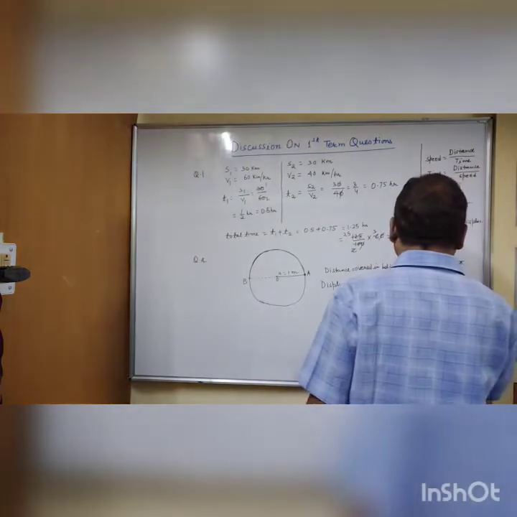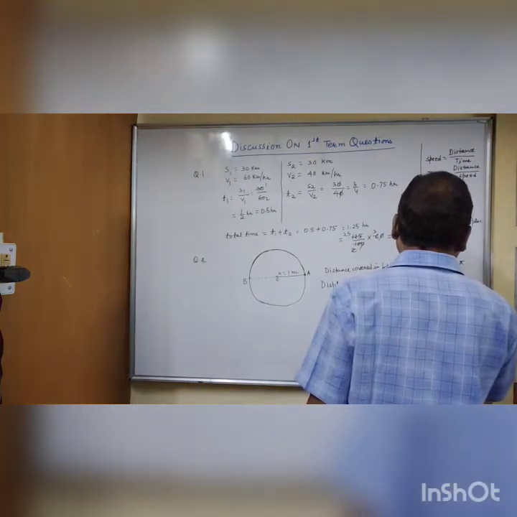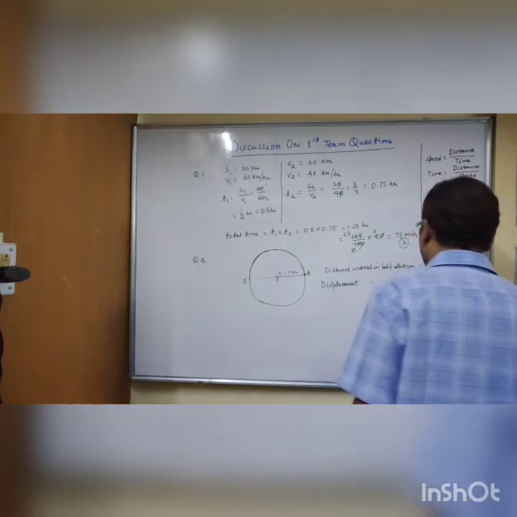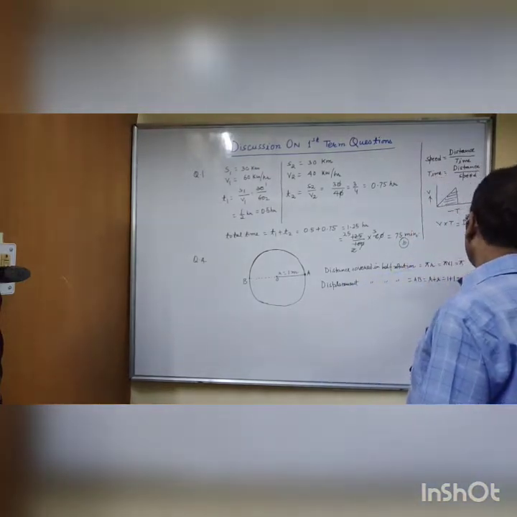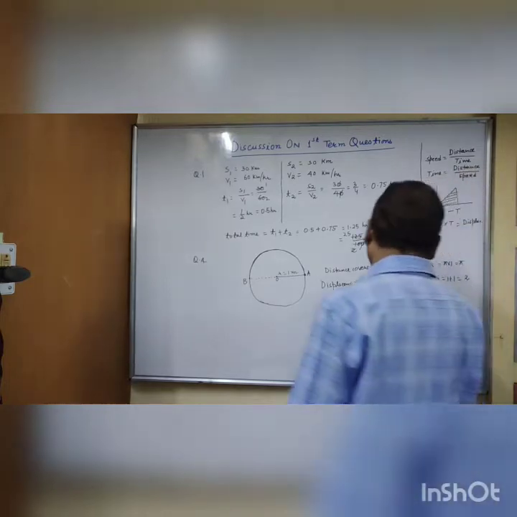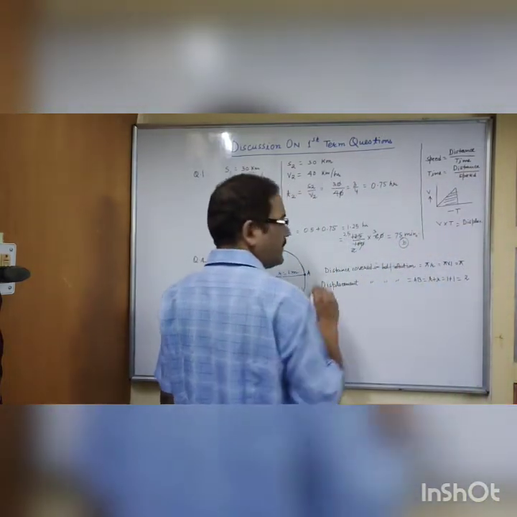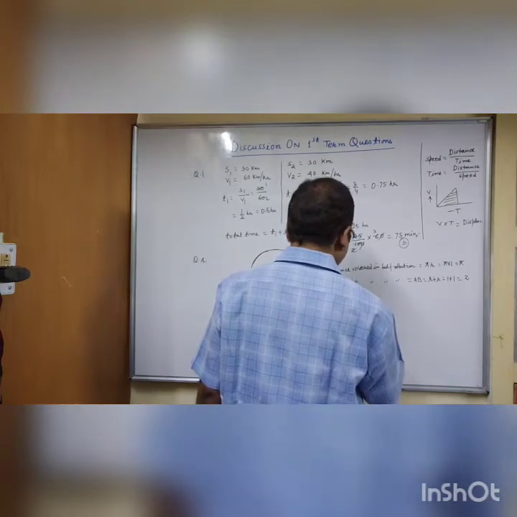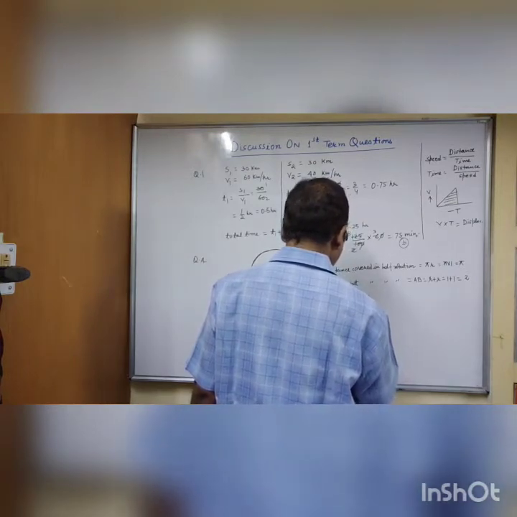AB is simply the diameter. Diameter means r plus r, isn't it? r is 1, so 1 plus 1, so it will be 2. Now you have to find the ratio of these two quantities, so distance by displacement.